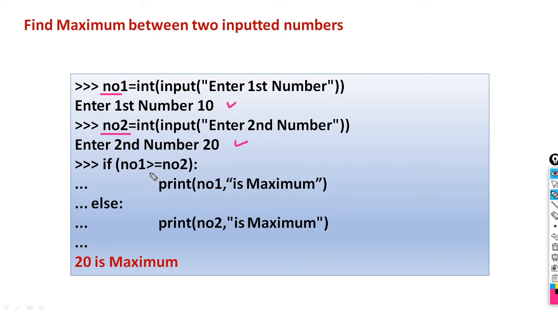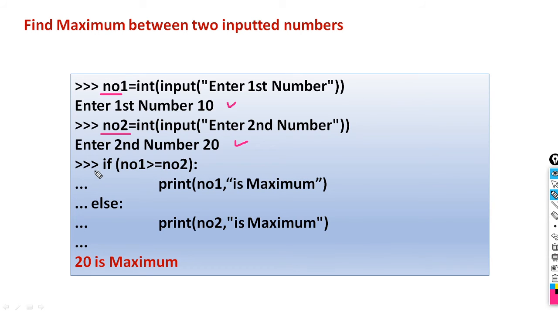So if NO1 greater than equal to NO2, print NO1 is maximum, or else print NO2 is maximum. With our example, we have 10 and 20. It will check 10 greater than equal to 20. Is it true or false? Yes, it is false. 10 is not greater than equal to 20.